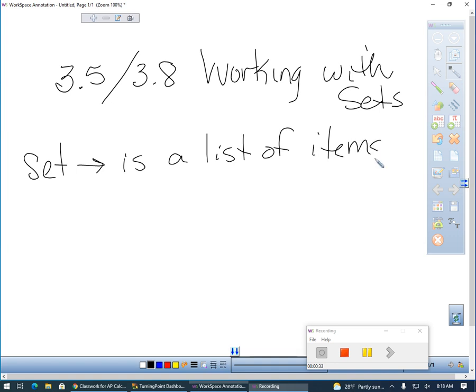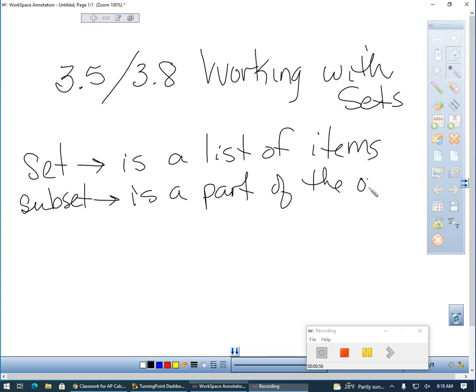Those items can be numbers, they can be letters, they can be animals, they can be pictures, they can be shapes, they can be anything. Absolutely anything can go in one of those sets. A subset is a part of the original set.